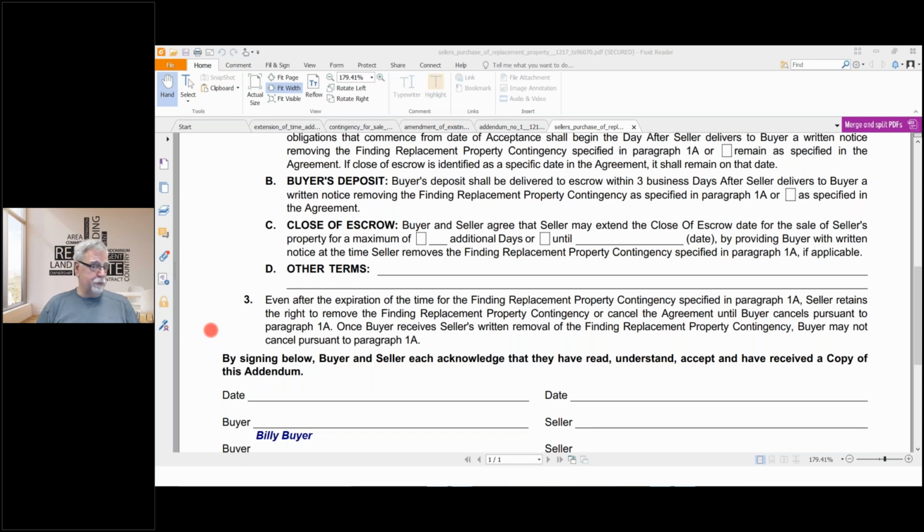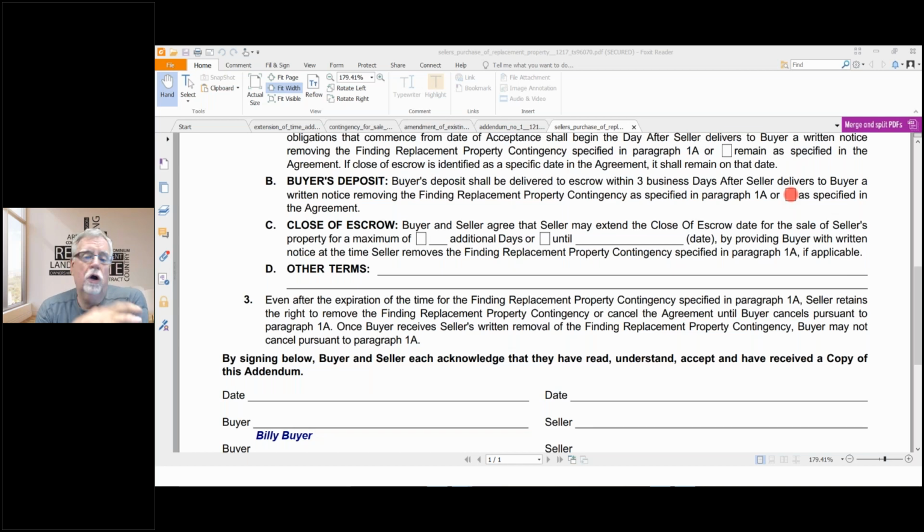Now, if they haven't put their deposit in, and this is why sometimes agents would want this box checked, the buyer puts their deposit in, because that way the buyer could lose the deposit if they just decided to back out because they found another house. But if there's no deposit, there's really nothing that the seller can do to you, because liquidated damages assume that there is liquid, which means money in the escrow that you could forfeit as damages.